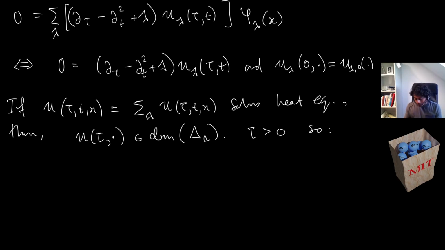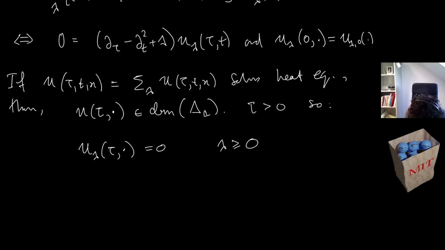so let's apply this Fourier expansion now. It means that u_λ(τ) is 0 for all lambda positive. Well, I won't put all, I'll just put lambda positive. And we have ∂_t plus λ of u_λ(τ) is 0 when lambda is negative.